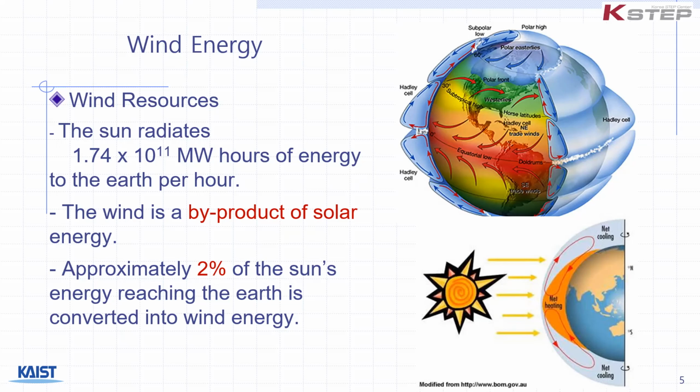And the wind is a byproduct of solar energy because of the heating of the Earth's surface and cooling of air. Their circulation is started. Only 2% of the sun's energy is converted into wind energy. But still it's big energy. The whole energy of the wind of the Earth is only 2% of solar energy.